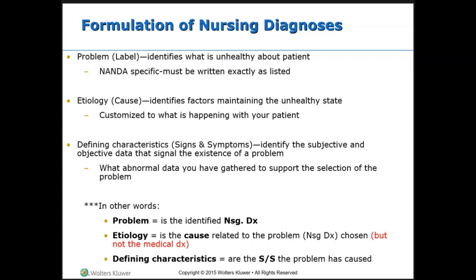So again, nursing diagnoses consist of different parts. We have the problem or the label. That's the first part of the diagnosis. This is chosen from a predetermined label that NANDA has established, right? And NANDA is a common language for nurses. So this part cannot be changed or modified, right? So NANDA is what it is.